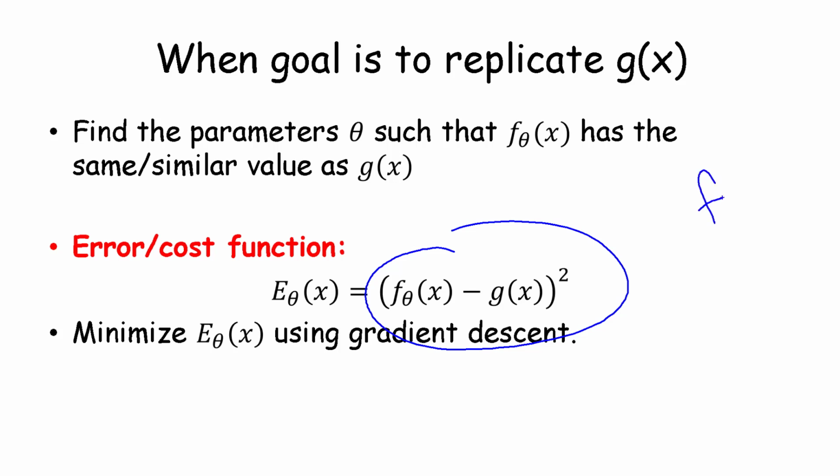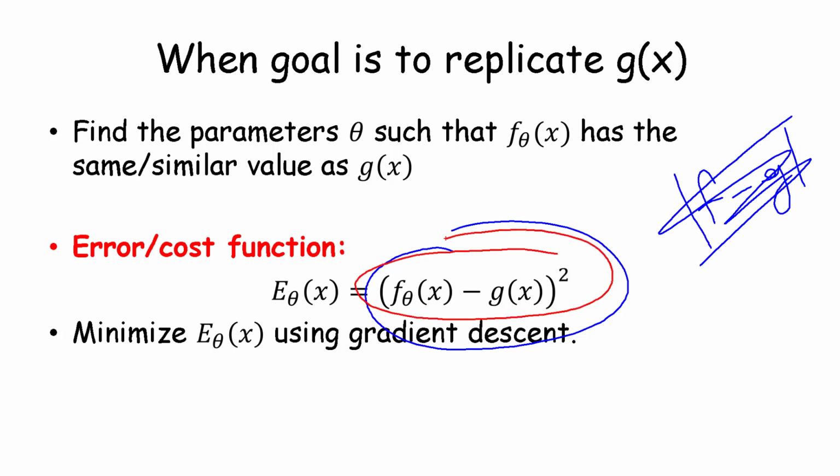We could have taken the absolute value between f and g, but then the derivative of the resulting function would not be easy to deal with. The smallest value that this squared difference can have is 0. Minimizing this error function would therefore mean we are making f and g as close to each other as possible. Having defined this error function, we can then apply the gradient descent minimization as we have described before.